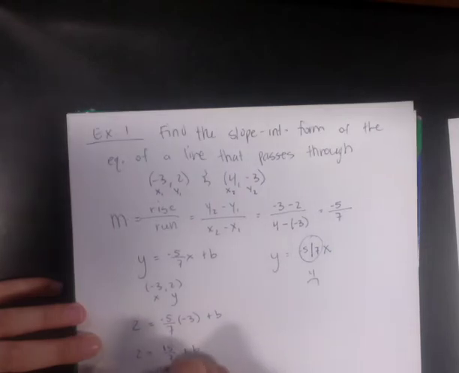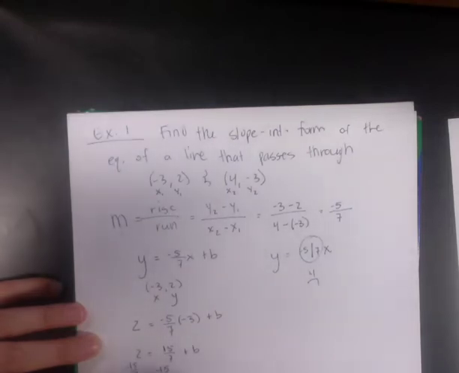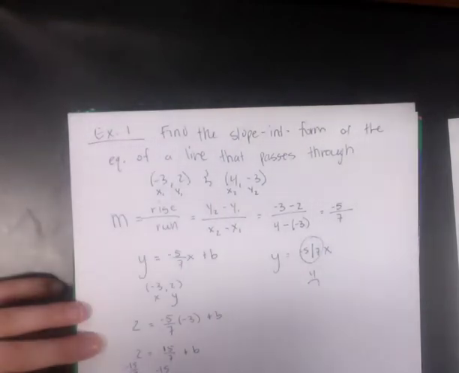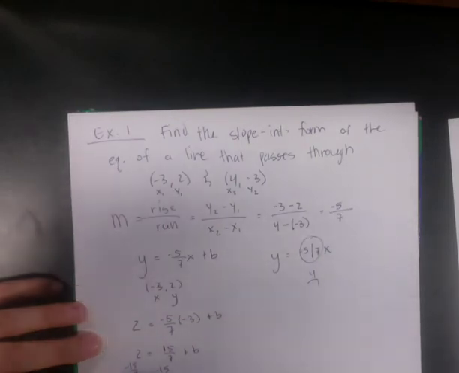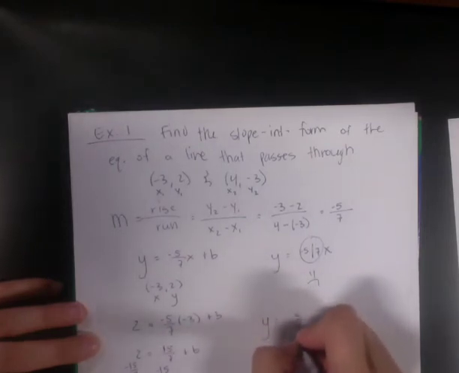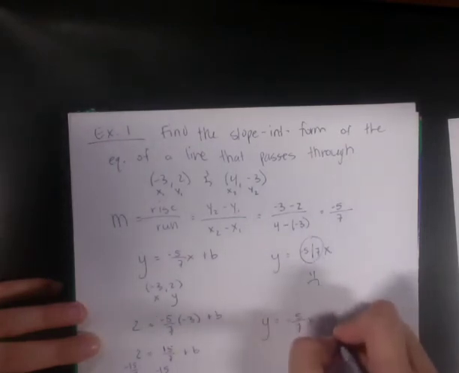So I subtract 15 over 7 from both sides. So b is 2 minus 15 over 7, which we could say is 14 minus 15 over 7 if I make these have the same denominator, which is -1 over 7. So the equation of my line is y equals -5 over 7 x minus 1 over 7.